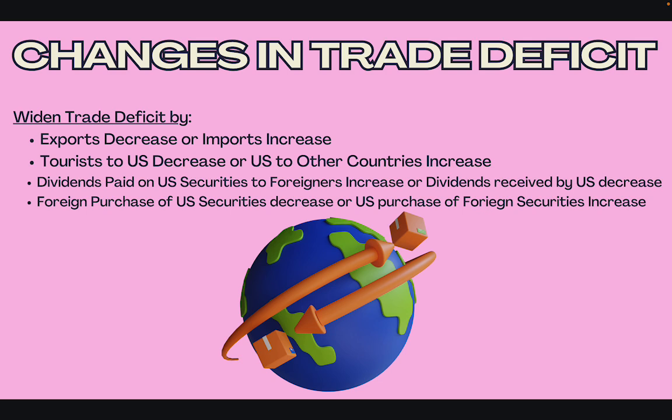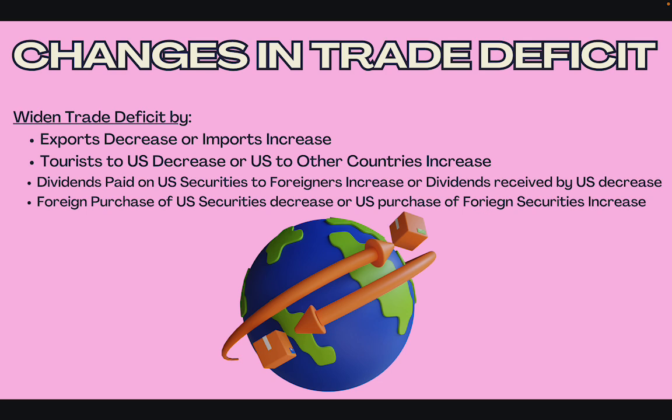Dividends, money paid on U.S. securities to foreigners, increases. If we, the United States, are paying more on dividends to people in other countries, we're giving them our money, right? So that will widen the trade deficit. If the dividends that we, the United States, are receiving decreases, we're bringing less money in.